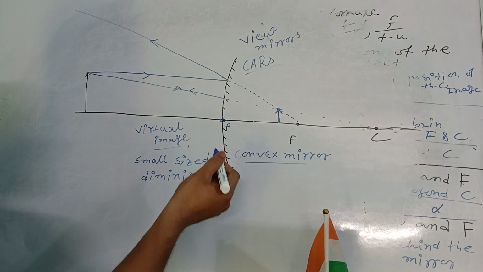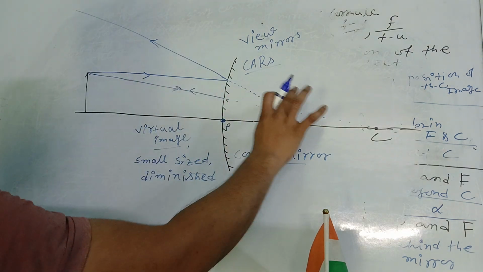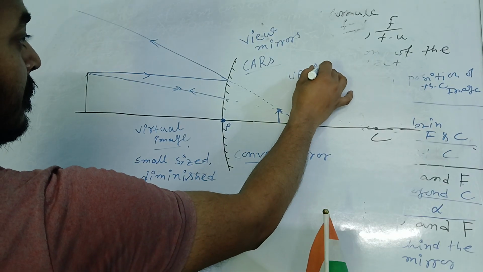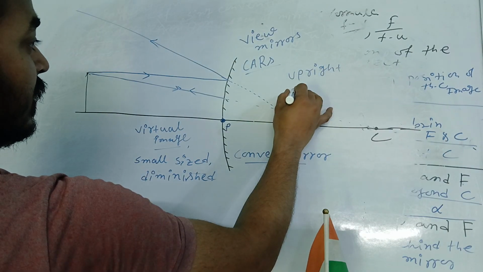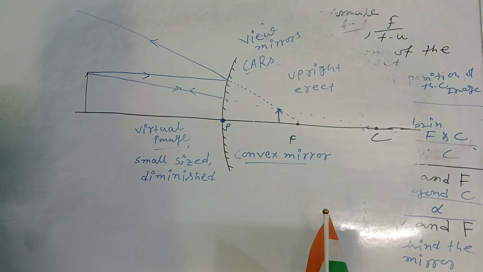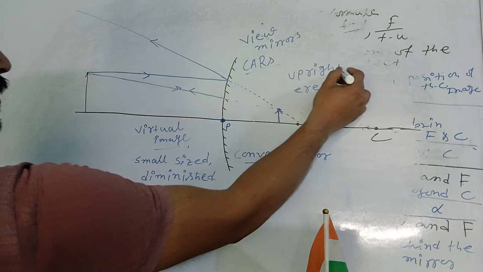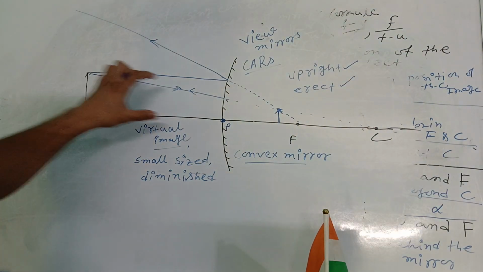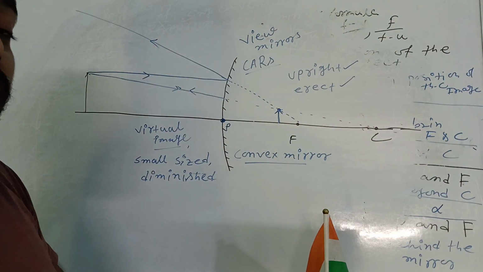As a virtual image, virtual as it is, we can write upright or erect. So a virtual image is always upright and erect. For example, you are standing in front of a mirror.